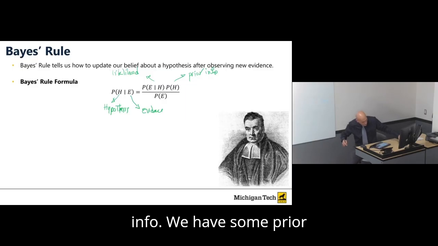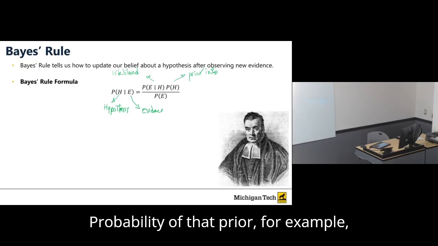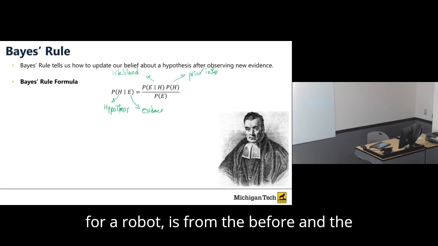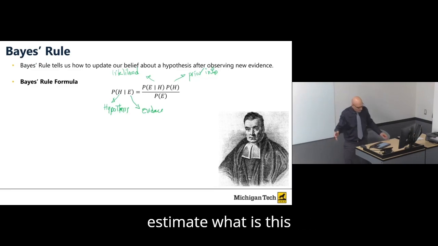We have some prior info, the probability of that prior, for example for a robot, from before and the speed that it had before. You can estimate what this position is.